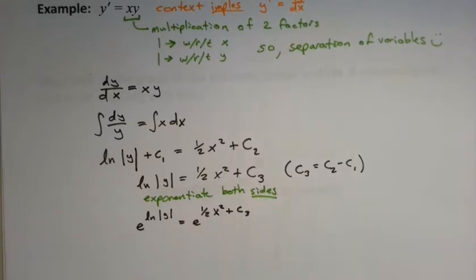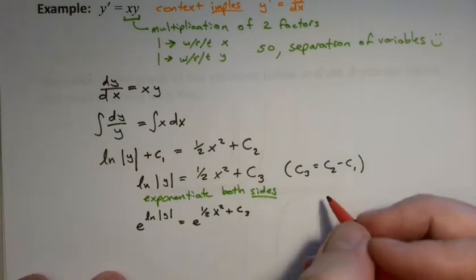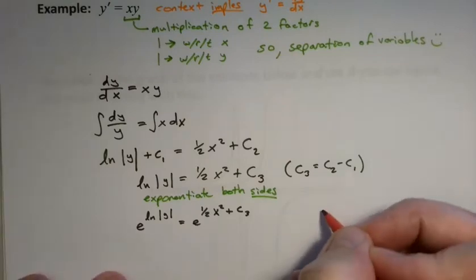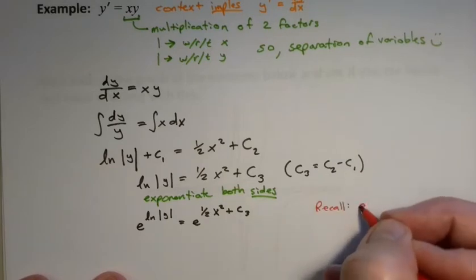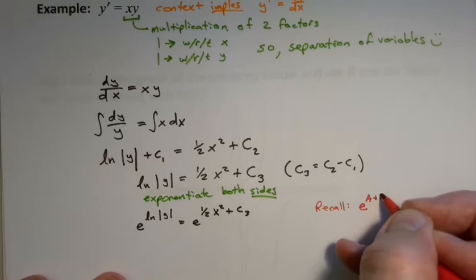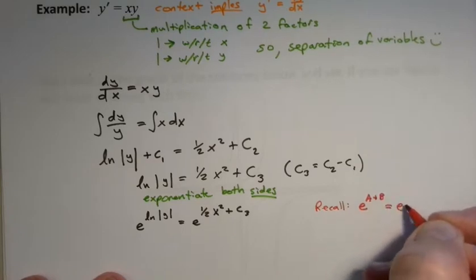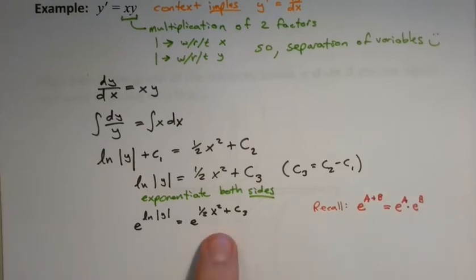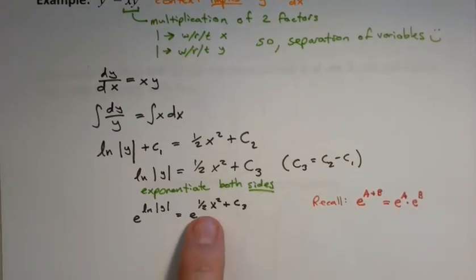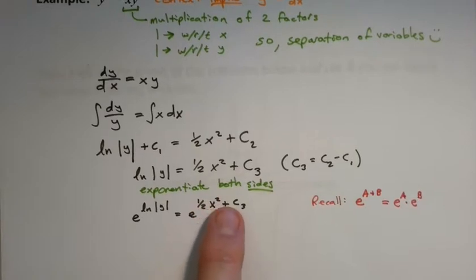Now, if it's been a while since you've played around with exponentials, you may have forgotten something. I'm going to put a little recall notice over here. Recall that e to the a plus b is the same thing as e to the a times e to the b. That's the way powers work. And so we can use that to our advantage on this side and say, oh, it's e to the 1/2 x squared times e to the c3.